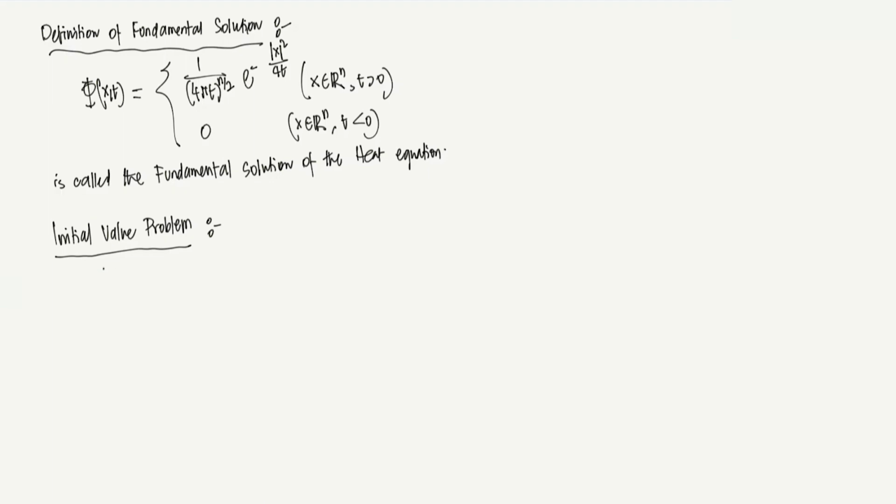Okay. So what is the initial value problem? The Cauchy problem looks like this: u_t minus Laplacian of u equals 0 in Rn cross (0, infinity). So x is in Rn and the time variable is in (0, infinity). And at t equals 0, u equals g on Rn cross {t = 0}.